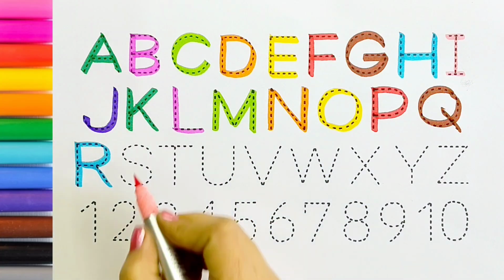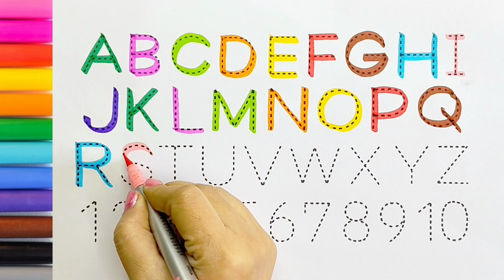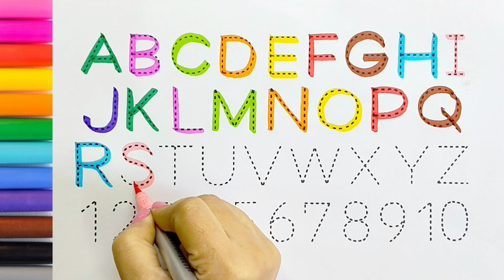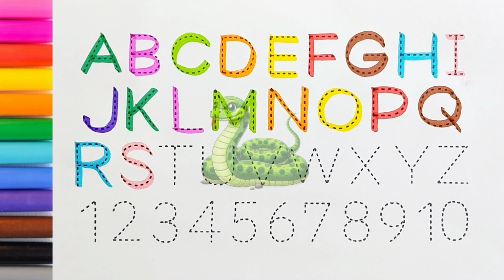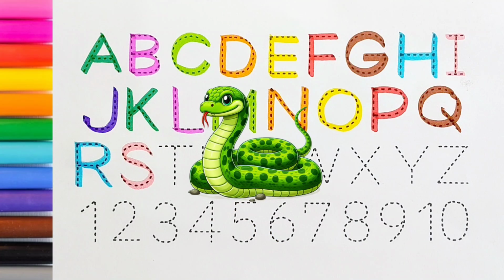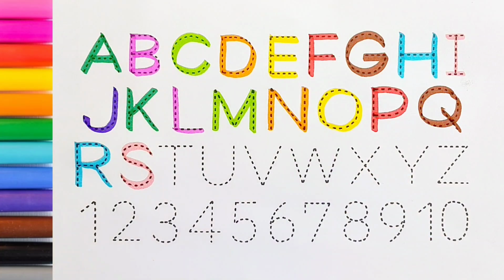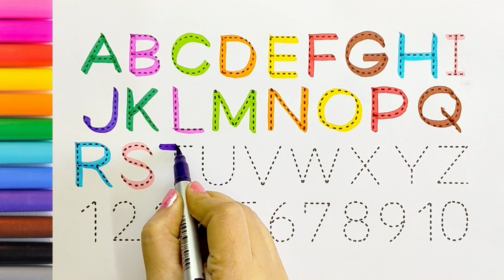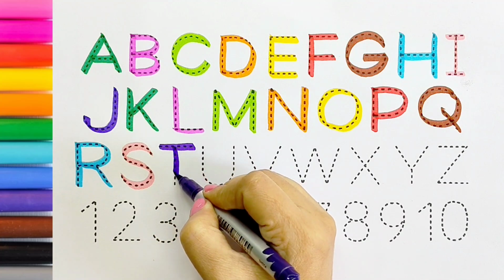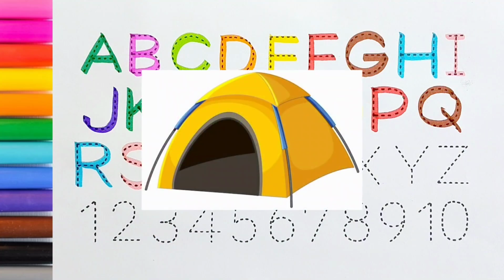Pink color S. S for snake. Purple color T. T for tent.